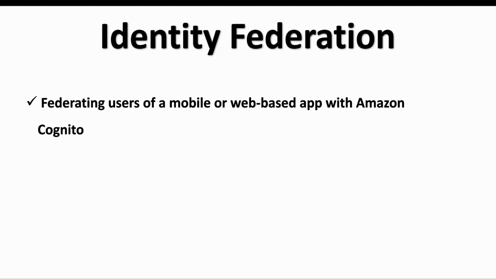In order to access these AWS services, you need login credentials. One way is to create a user and hard code the username, password, or long-term credentials, access key and secret key, in your code.